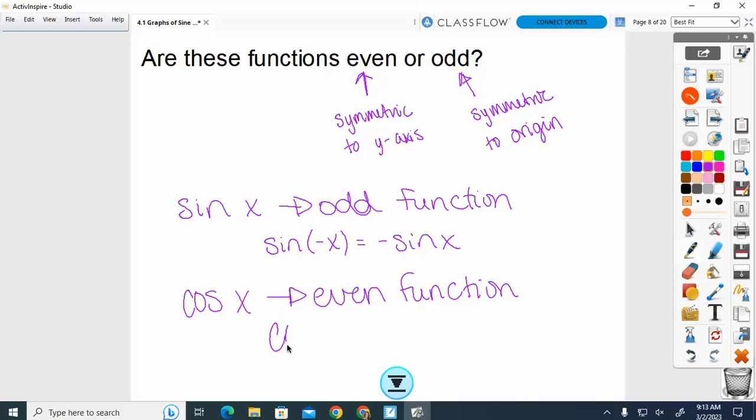So in algebra, when we talked about it, we said, well, that means if your x is negative, it's the same as the positive. So with cosine, if it has a negative on the angle, we'll actually just be able to drop it. So this is the really important thing that we will come back and reference every now and then when we're going through these graphs.